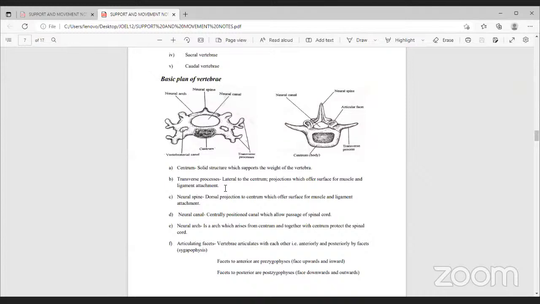Then, before you write anything, you say that although there are 33 bones of the vertebral column, they all conform to the same basic plan.